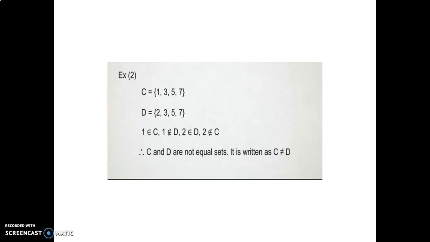The next example, C equals {1, 3, 5, 7}. D equals {2, 3, 5, 7}. Here if you see, 1 belongs to set C, but it does not belong to set D. Also 2 belongs to set D, but it is not an element of set C. Therefore, C and D are not equal sets.